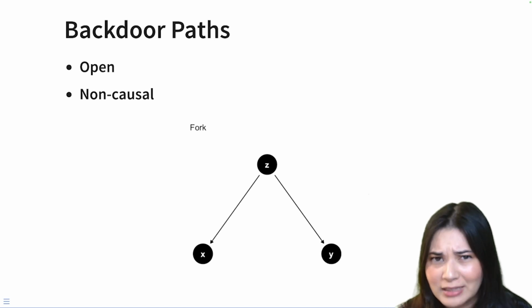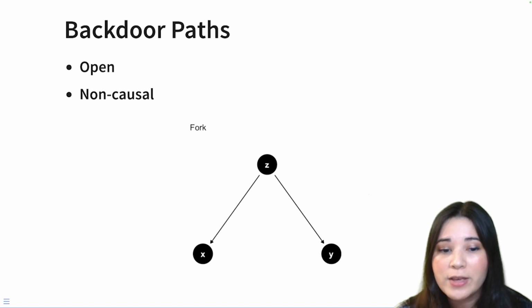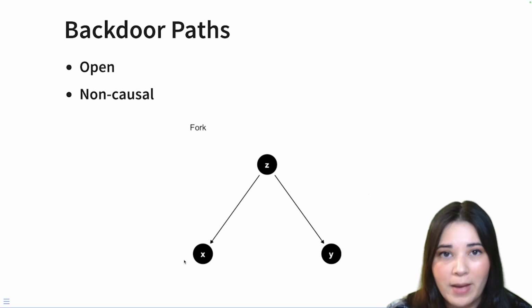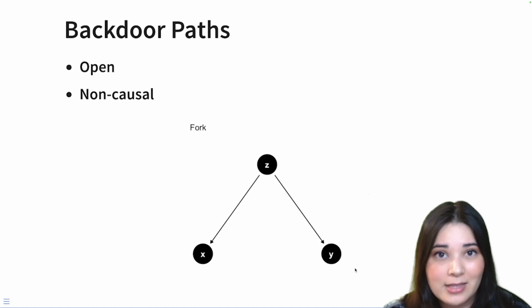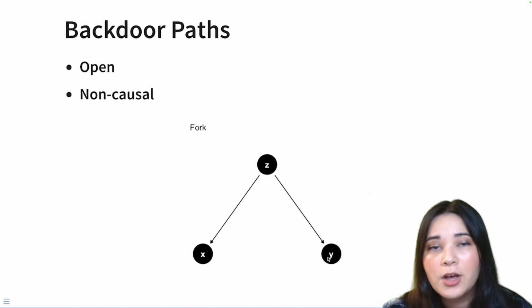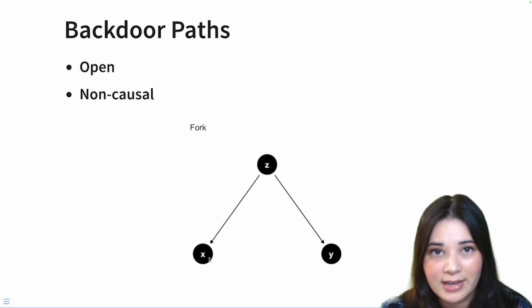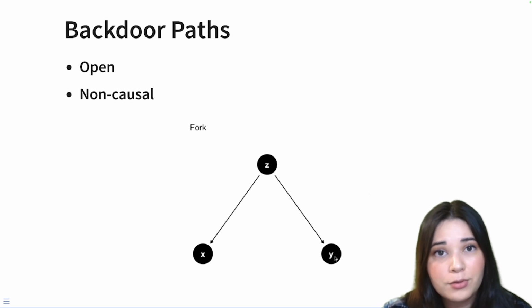For instance, for a really simple case like this fork, we have a backdoor path from X to Y through Z. In order to find a backdoor path, we can ignore the direction of the arrows and just look for any path in the DAG that can take us from X to Y. And in this case, there's only one, and that's from X to Z all the way to Y. This is an open path because it transmits association from X to Y, but it's non-causal because X is not actually causing Y to happen. They're just associated through this backdoor path through Z.